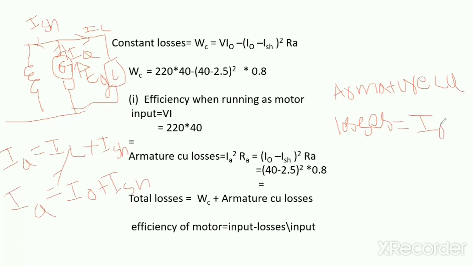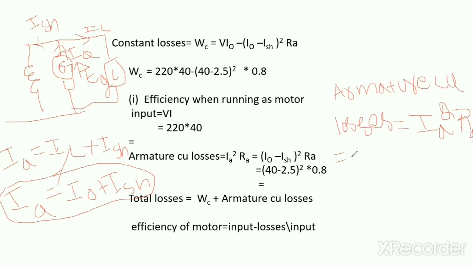It is IA square into RA. Therefore, armature copper losses is equal to IA square RA. The armature current in a DC generator is IA equal to I naught plus ISH.